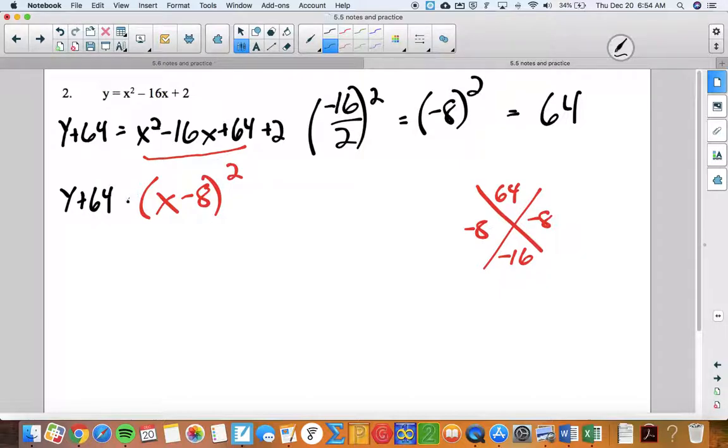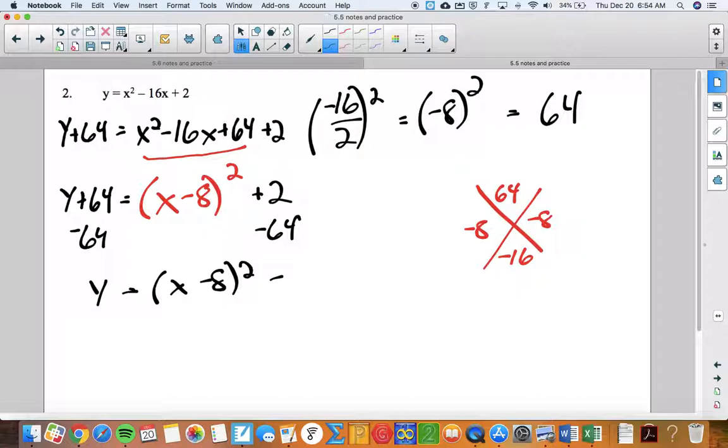And maybe you're like, well, hey, we could just subtract 64 right now. You can. I'm just doing it in 2 steps. So I get y equals x minus 8 squared minus 62.